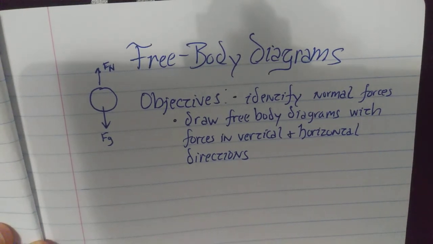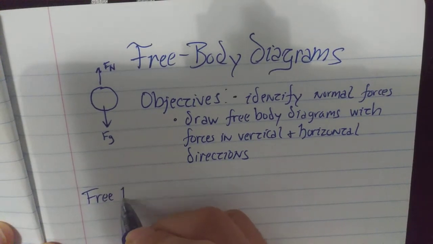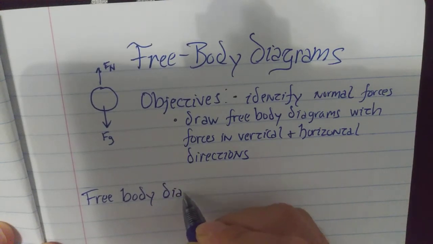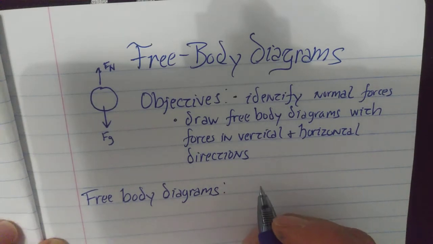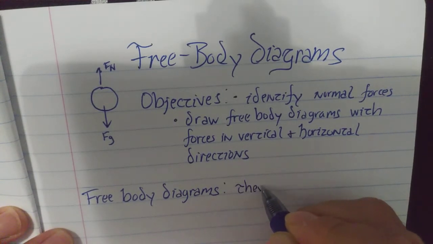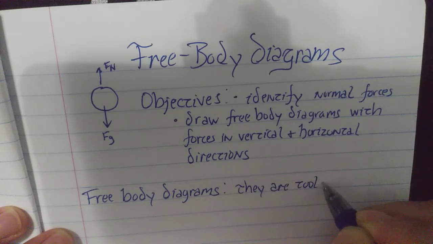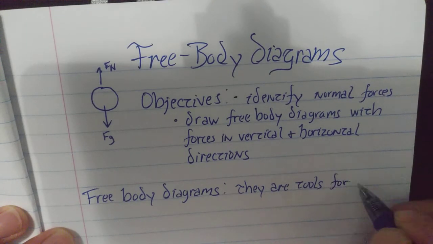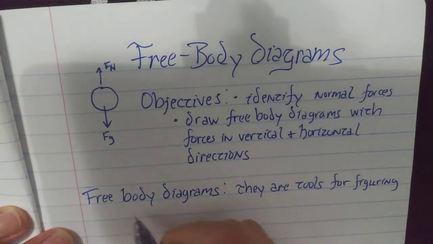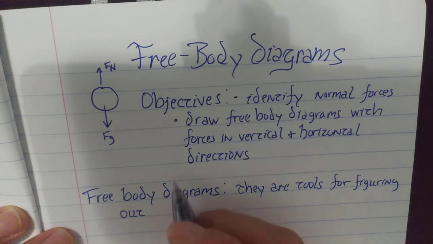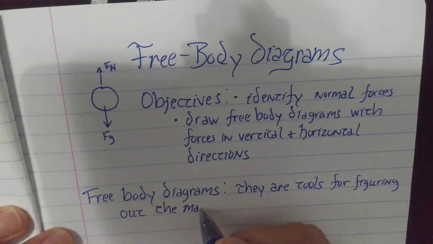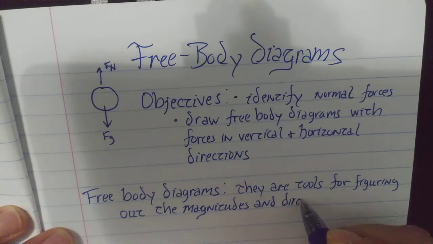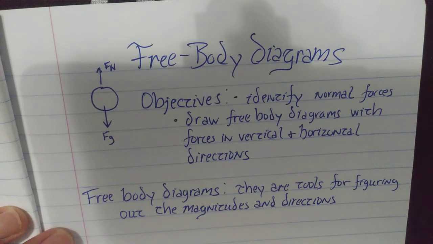So here's a nice little definition of free body diagrams. They are tools for figuring out the magnitudes and directions of the forces that act on an object.